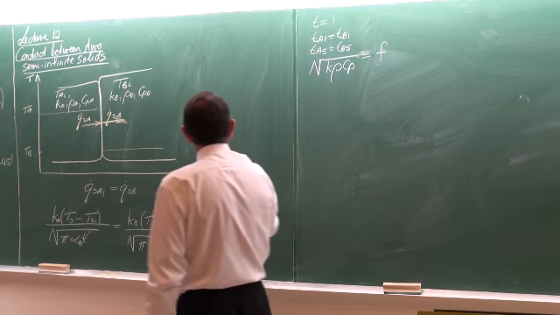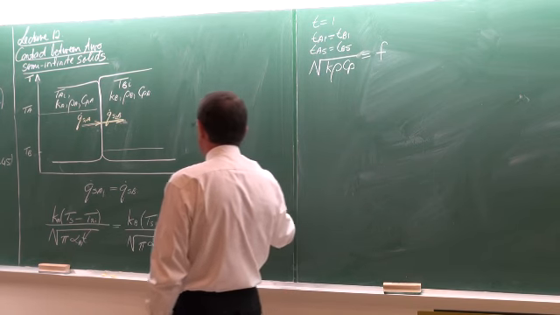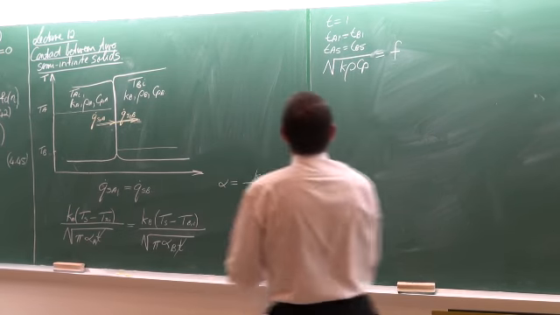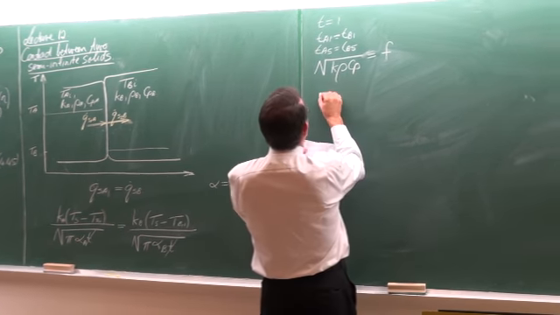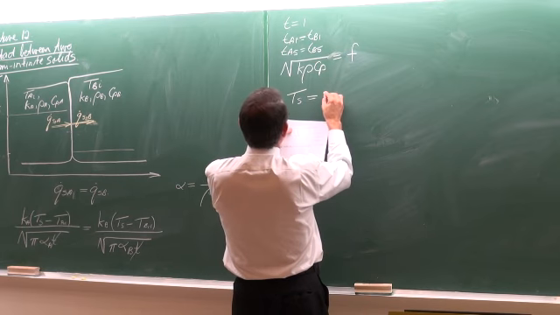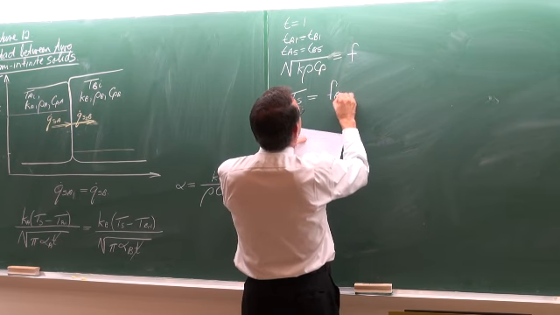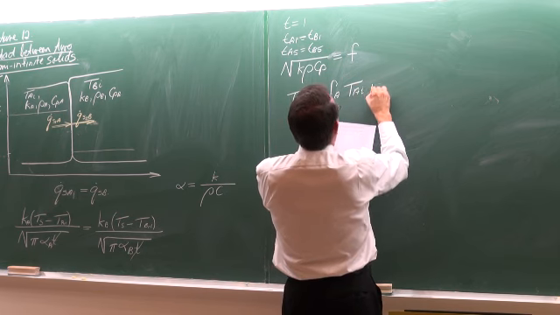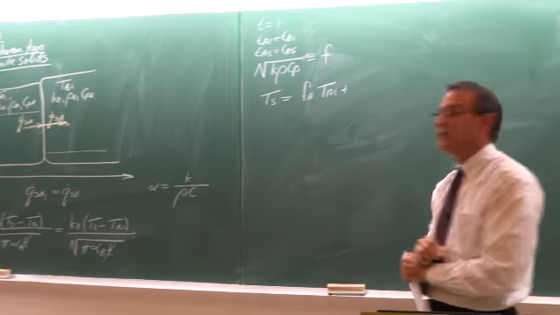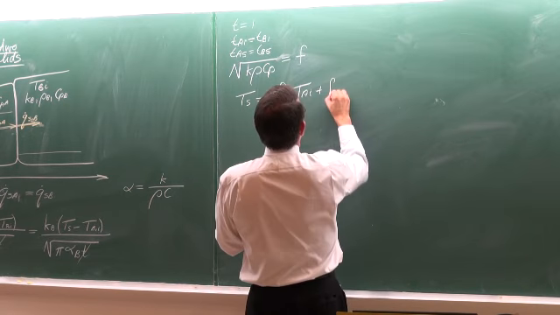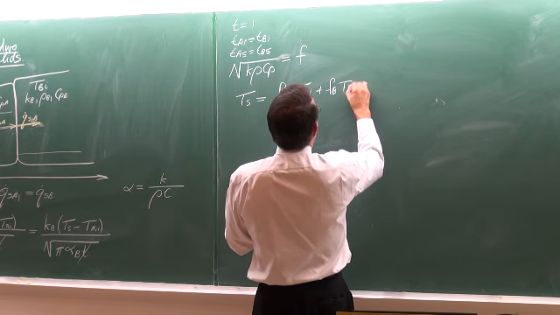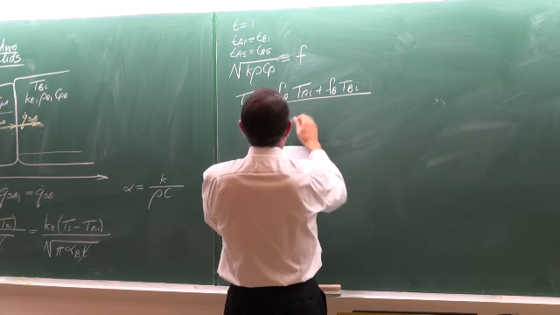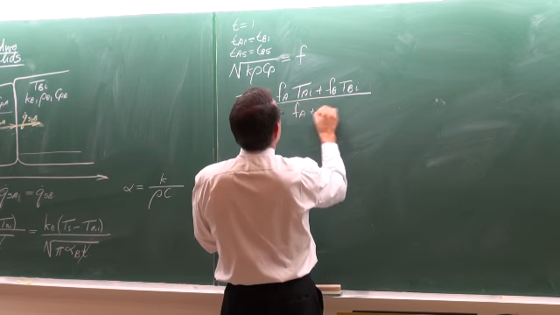We write the alpha as equal to K divided by rho C, and we solve the temperature in this equation. Then we can write that the surface temperature is equal to Fa multiplied by the initial temperature of body A plus Fb multiplied by the initial temperature of body B divided by Fa plus Fb.